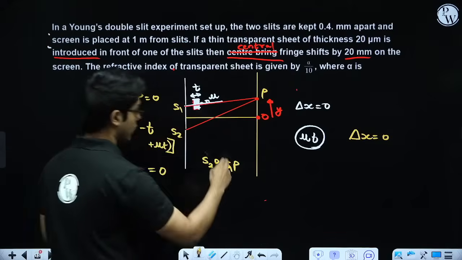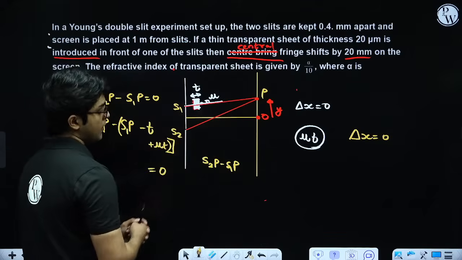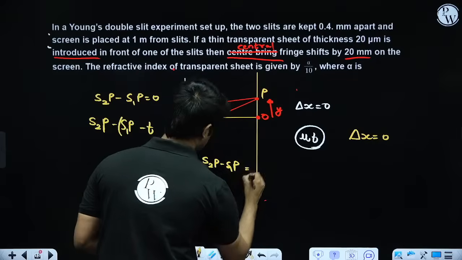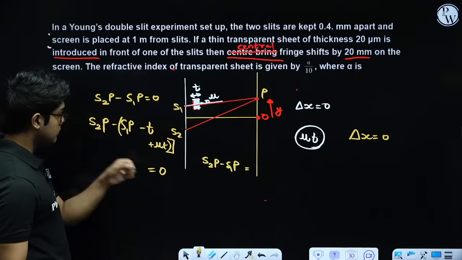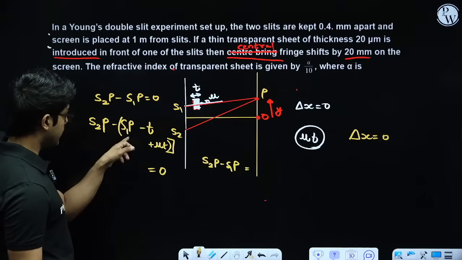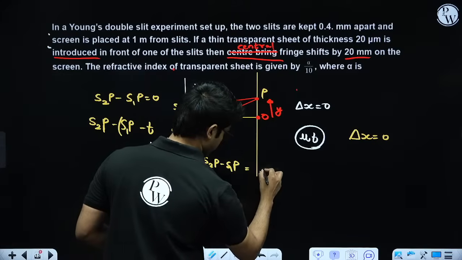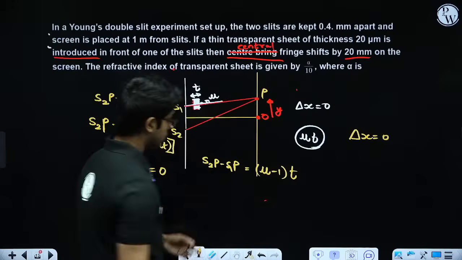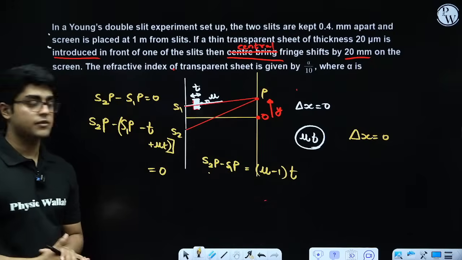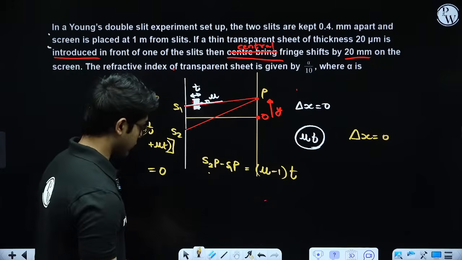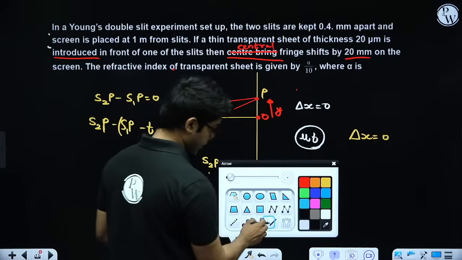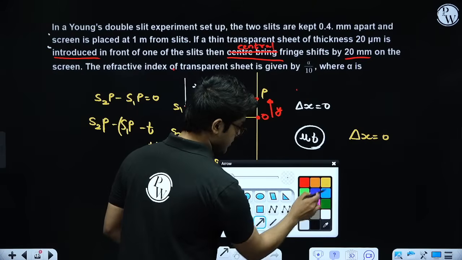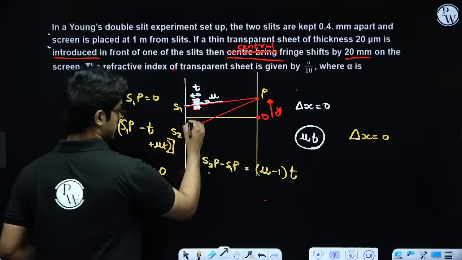Now here we have S2P minus S1P. This length minus this length will be equal to, if we take it to the other side, mu minus 1 into t. Mu minus 1 into t. Now this S2P minus S1P is given to us by the simple d sine theta formula, right? This is the stuff that we cover in Young's double slit experiment, the first lecture basically.